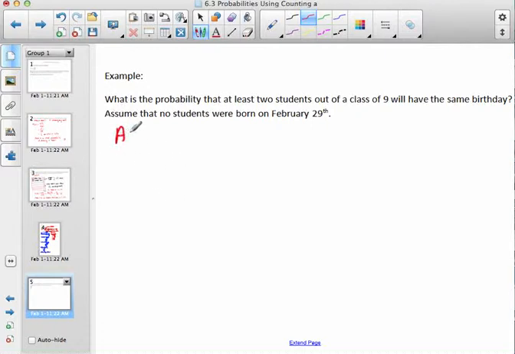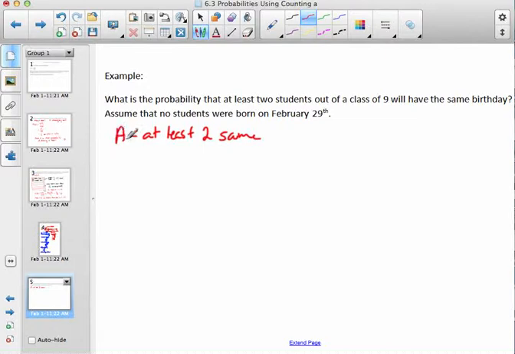Let's define A as being the event that at least 2 have the same birthday, right? Because that's what we're looking for. The probability that at least 2 have the same birthday.